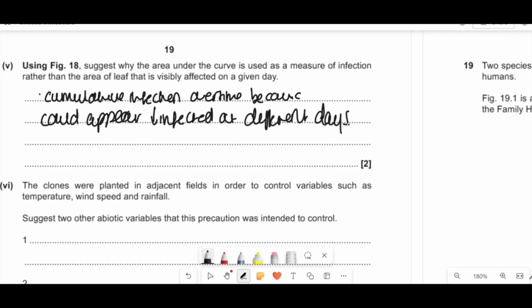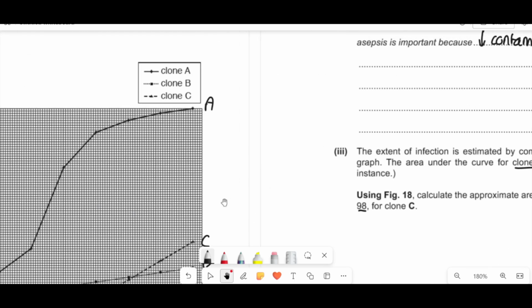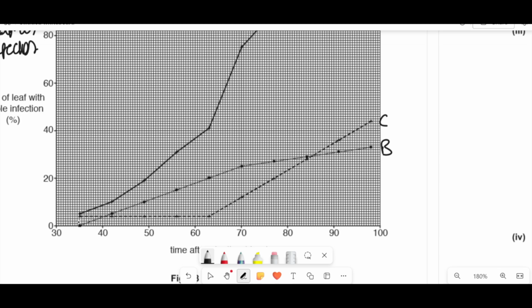You could use some figures as well to describe that. For example, here, C is barely changing at all. If we just looked at it one by one, it might look like this, and like this, and this. Whereas we're looking at the collective cumulative effect, the whole area of the leaf and how much it's getting infected, not just one area, because one area might have more than less, if that makes sense.